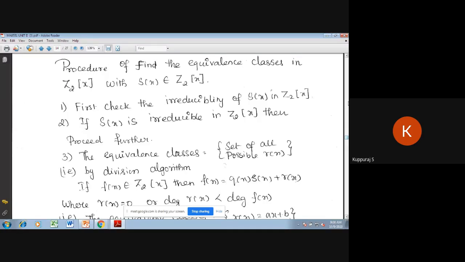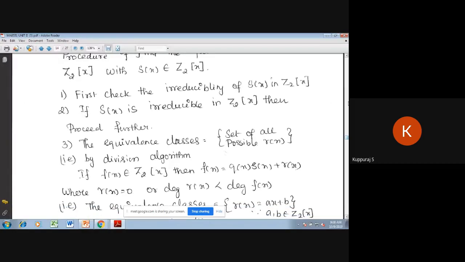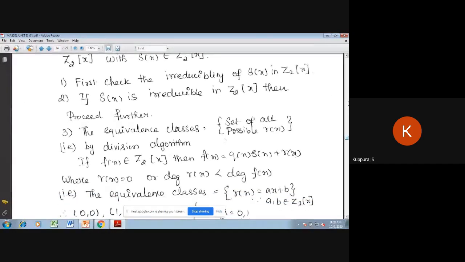The second step: if s(x) is irreducible in Z2[x], then proceed further. If it is reducible, stop at this stage; you don't need to proceed further. Then the equivalence class is equal to the set of all possible r(x).